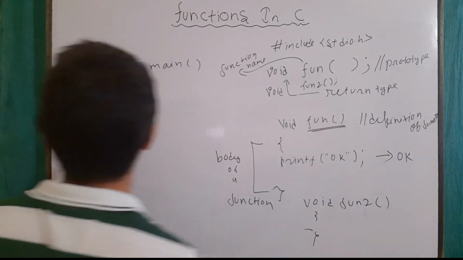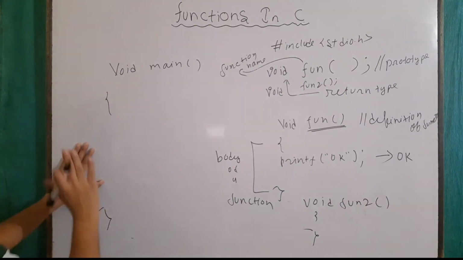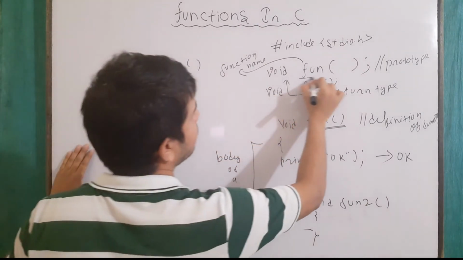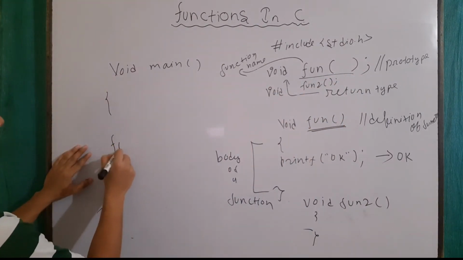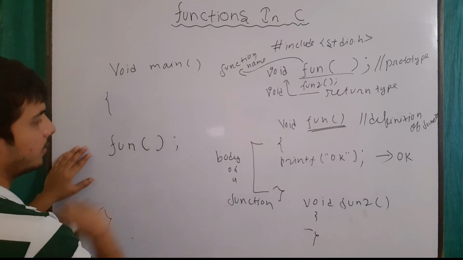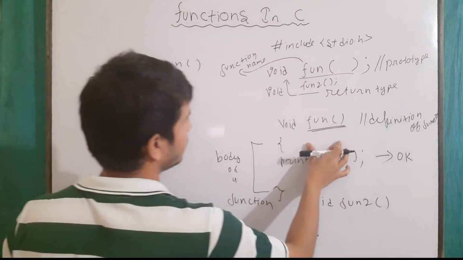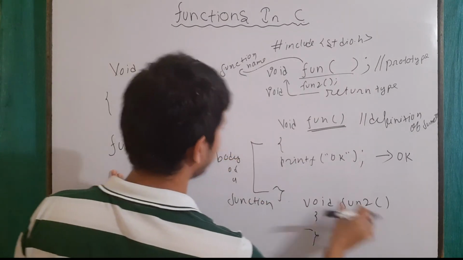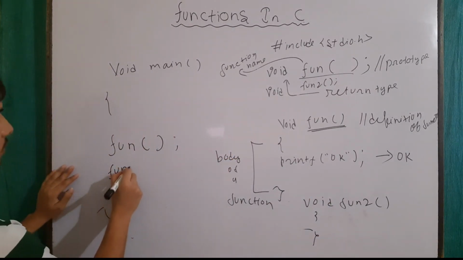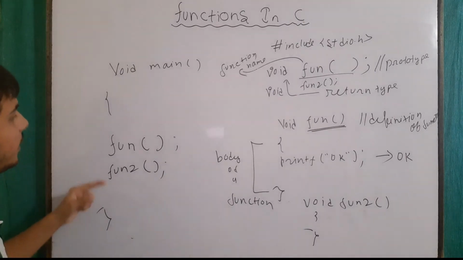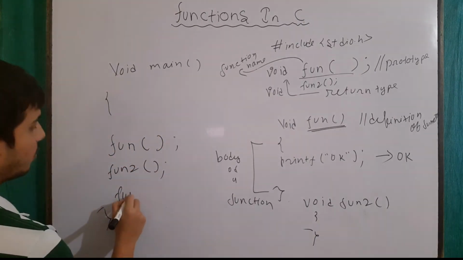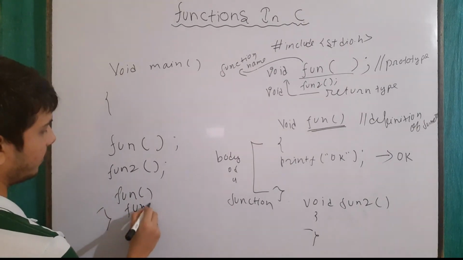Another use is that when we are calling a particular function, we have to use the name of our function. Let's say I want to call this function, then I will write here fun and then parenthesis. It is going to call this function, and in output it will give me the result. If I want to call the other function, then I can write fun2. Any function can be called any number of times, so I can again call fun, then again call fun.